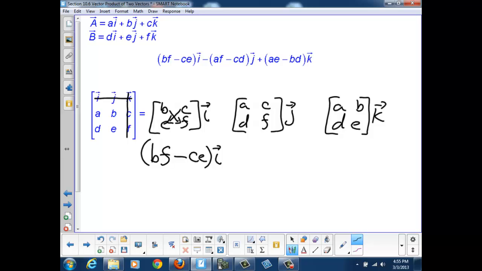Now here, if I do that, I get AF minus CD for j. And finally, I get AE minus BD for k.